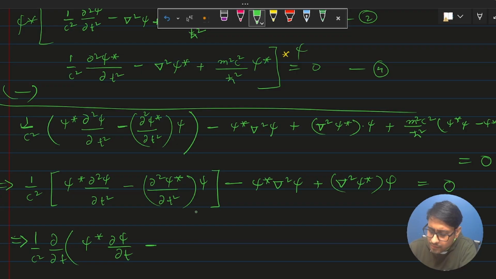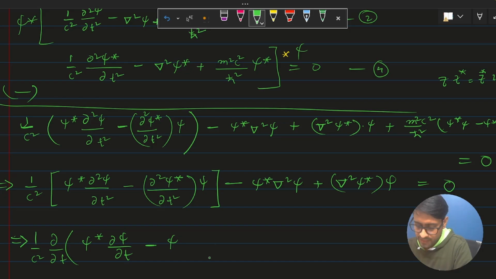can take this to the left hand side also, because you know that z into z asterisk is equal to z asterisk z. So we can write it like this: psi into del psi asterisk over del t.